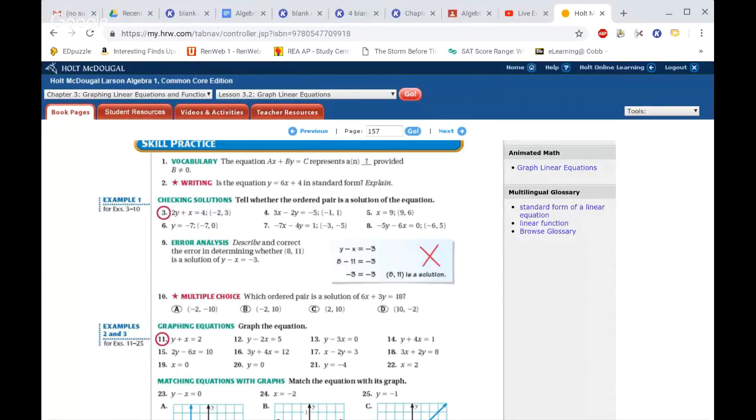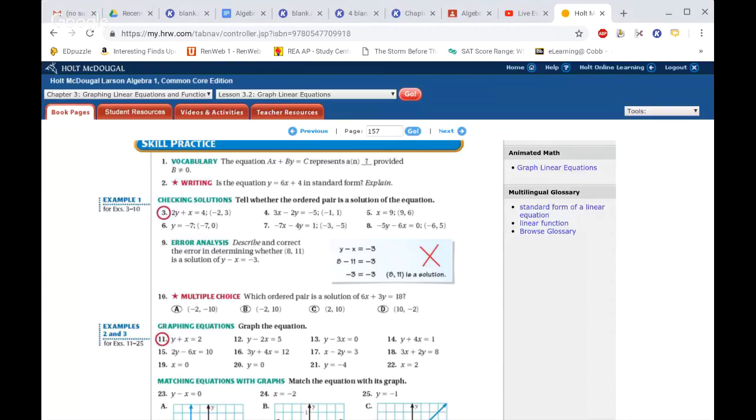Can anybody tell me what's wrong with number 9? The error analysis. It is describe and correct the error and determine whether 8, 11 is a solution. They put the 8 as a y.